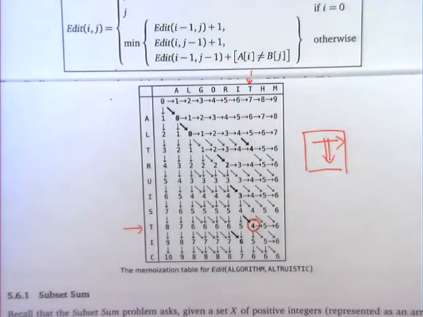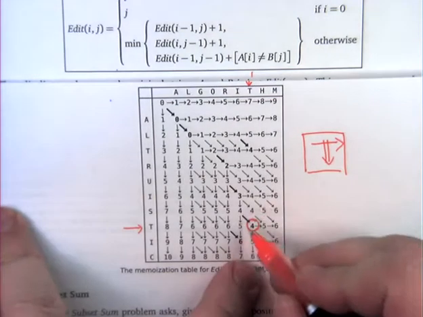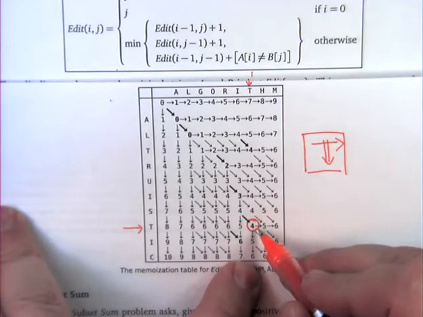So according to the recurrence, that number is the minimum of three things. The number immediately above it plus 1, the number immediately to the left plus 1, and the number above and to the left plus 0, because the two characters are equal. And so what the algorithm will do when it gets to this point in the array is say, well, which is smaller, 5 or 6 or 4? And it'll pick 4 because that's the smallest number, and it'll write the 4 there. Okay.